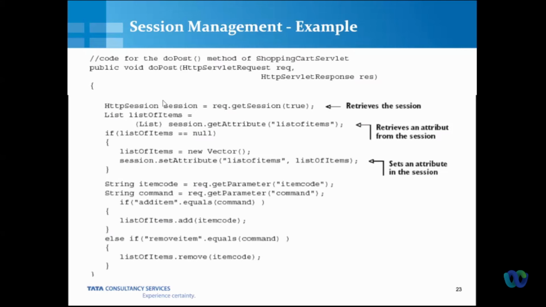And inside the if statement, what we are saying: if list of items equals null, then, can anyone explain the meaning of this line?